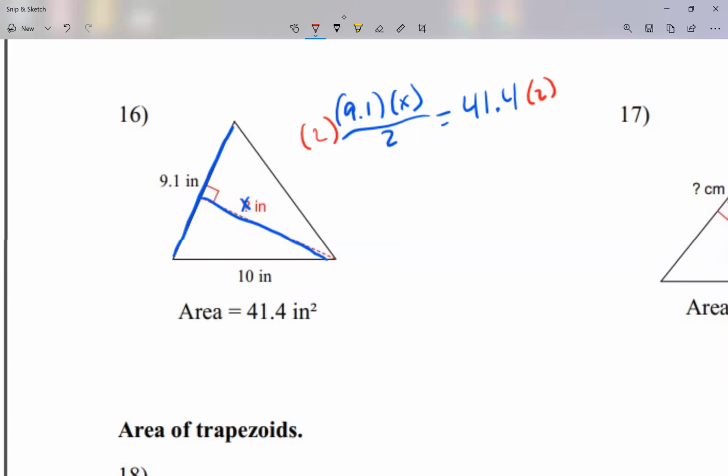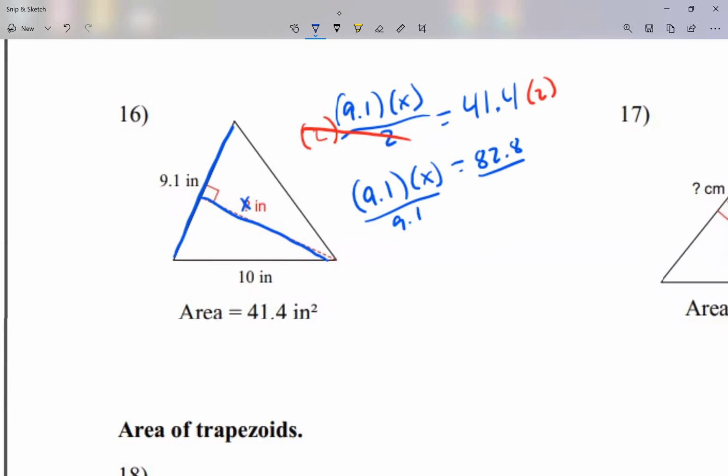Let me multiply both sides by 2, so that cancels out. So I have 9.1 times x equal to 82.8. Let me divide by 9.1. So I get x is equal to, rounded to 1 decimal place, 9.1.